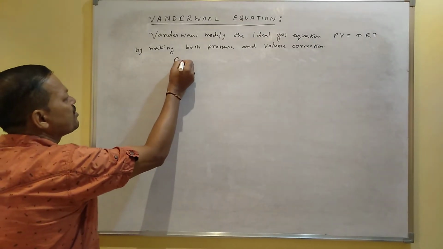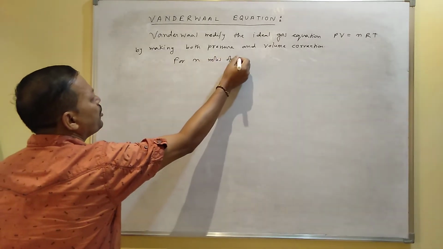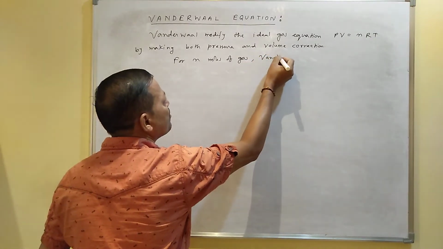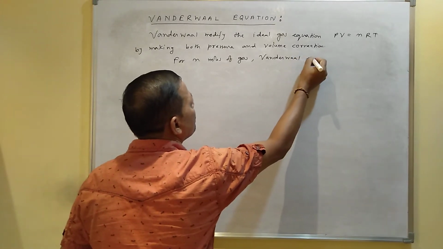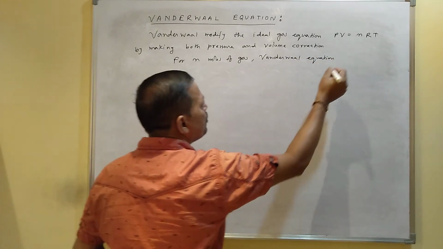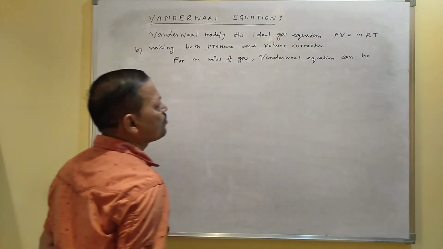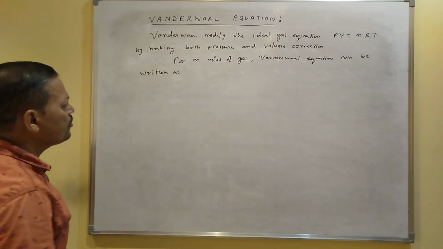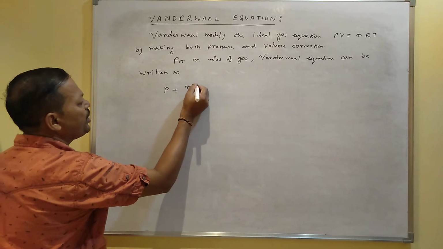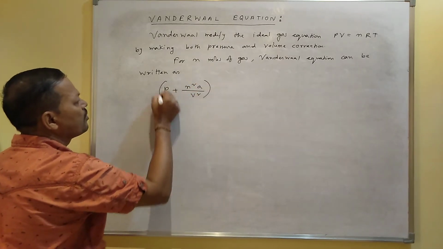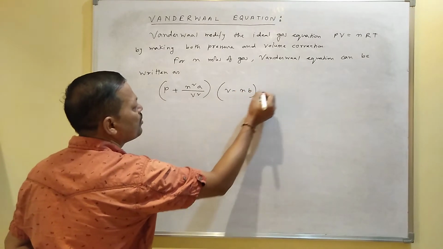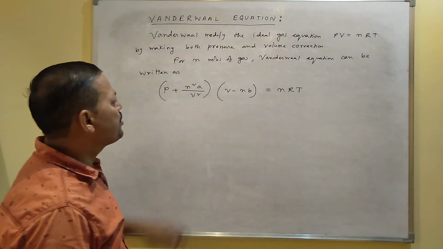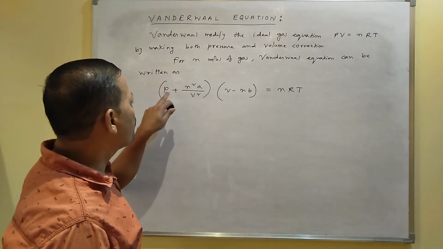For n moles of gas, the van der Waals equation can be written as (P plus n squared A by V squared) into (V minus nB) equals nRT.